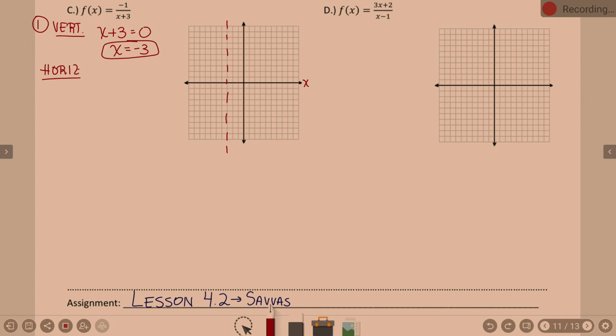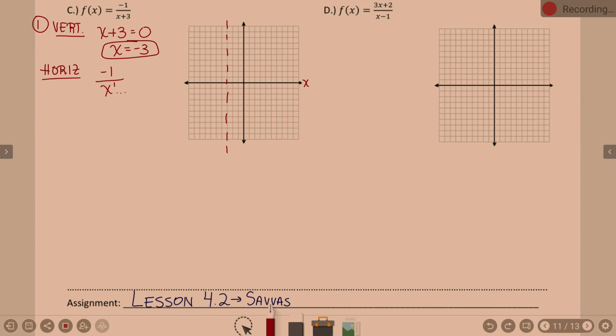What about horizontal asymptote? See a couple people flipping back to the front all of a sudden. What's the biggest power on top? 0. There is no power on top, right? It's just that negative 1 value. What's the biggest power on bottom? That x to the first, yes? Where is my bigger power?